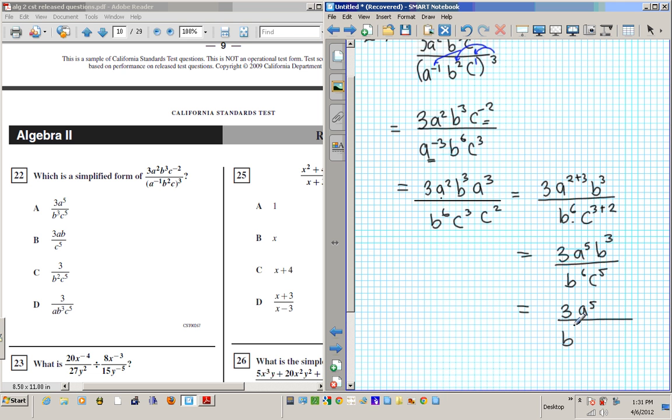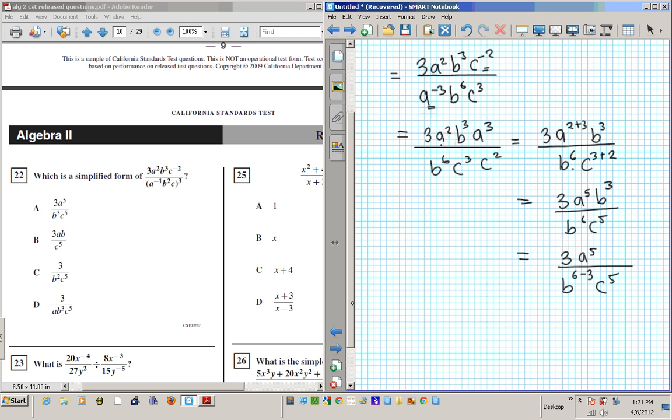So since the bigger one is downstairs, it's the ruler, right? So the small one upstairs has to come down and subtract from that power right there. From c to the 5th. Alright, and then your answer is going to become 3a to the 5th over b to the 3rd, c to the 5th. Okay? And your answer for 22 should be A.